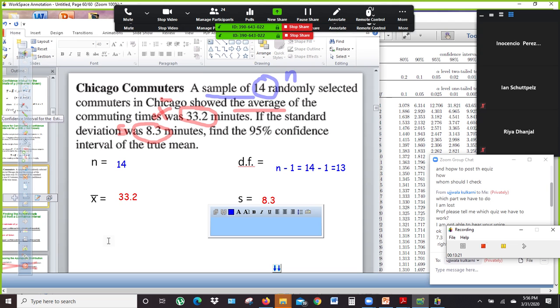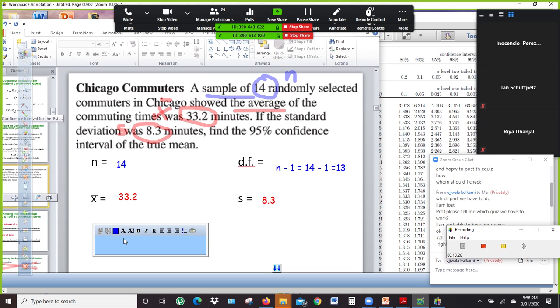So then when we go ahead and do our E, we need our critical value.